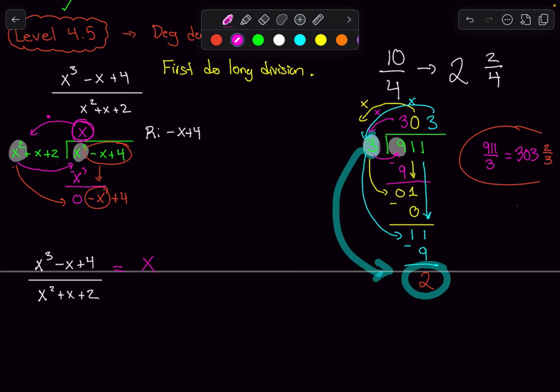And then notice, if you have a remainder, 303 2/3, by the way, in case you forgot, is the same thing as 303 plus 2/3. And so on the right-hand side here, I'm just going to write this is equal to x plus negative x plus 4 over x squared plus x plus 2, right?